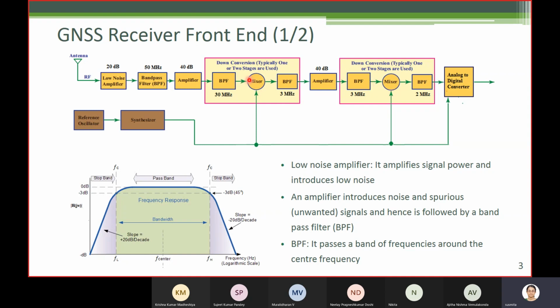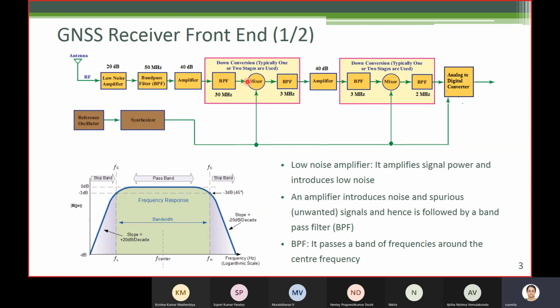Now, down conversion is performed with the help of an electronic circuit called a mixer. We'll not go into the details of the electronic circuit. On the next slide, we'll see how down conversion happens mathematically. But just note that a mixer is an electronic circuit that takes two inputs.